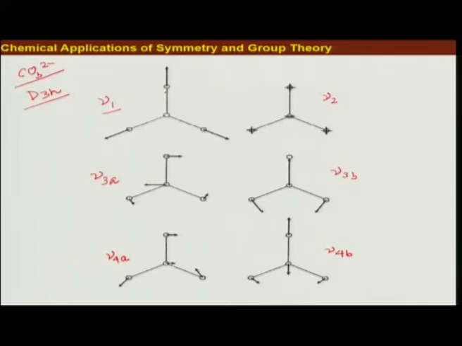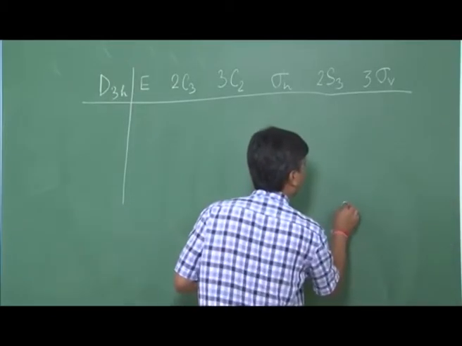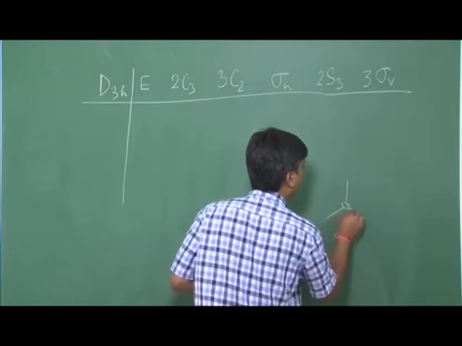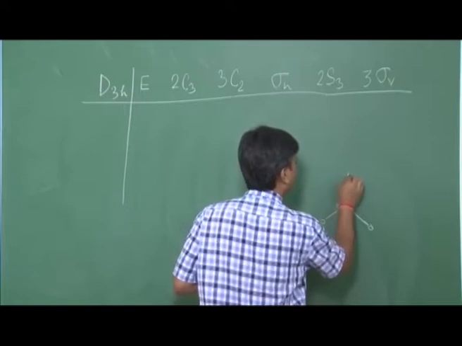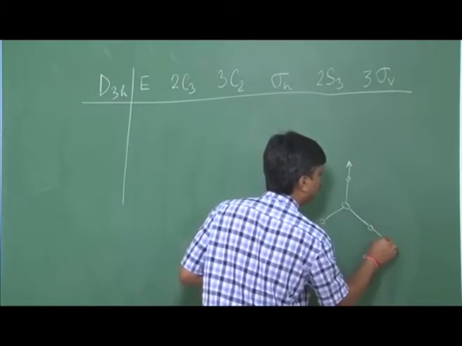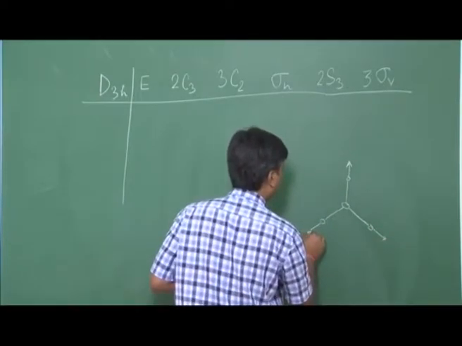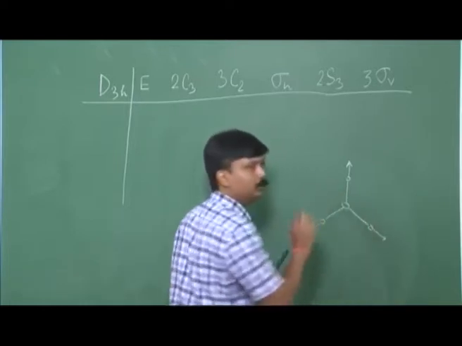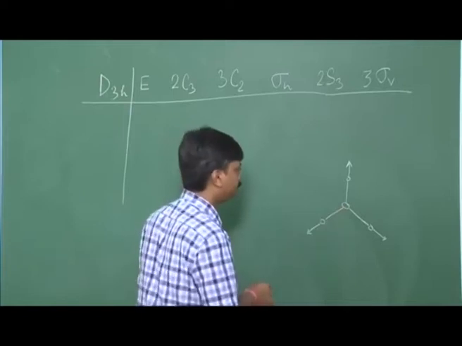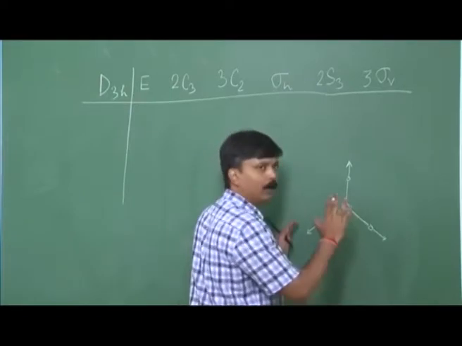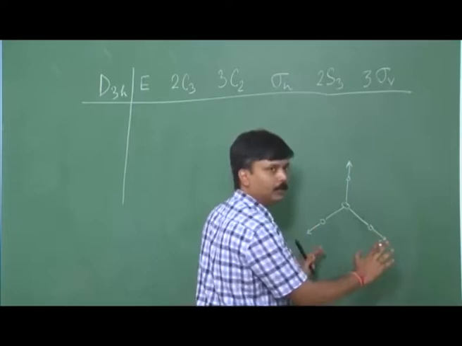So if you take this structure as a whole, fine. If I redraw the same structure here, what I have is 3 equal arrows which are along the 3 bonds, in the same direction of these CO bonds, right. So if you apply identity, it will give back the same structure, all right.